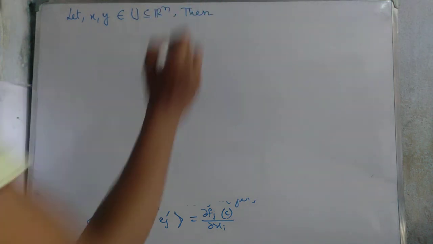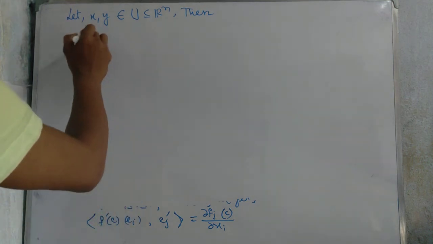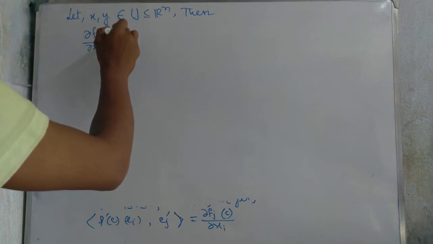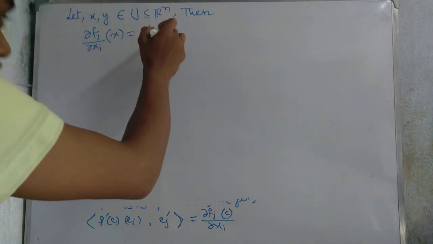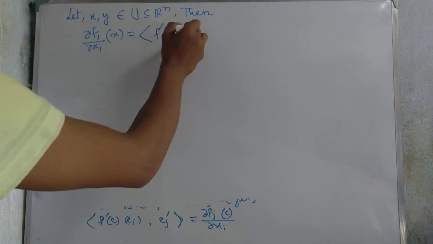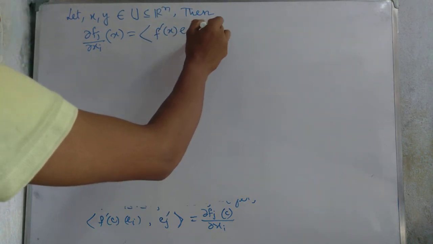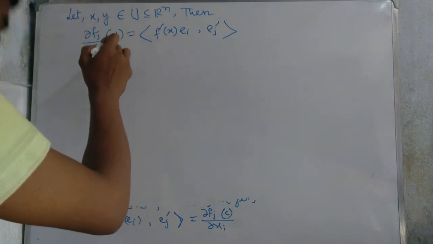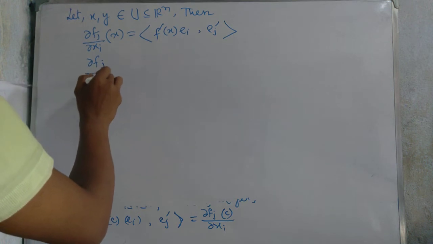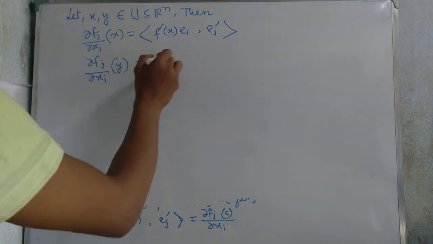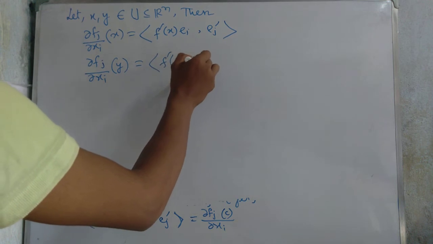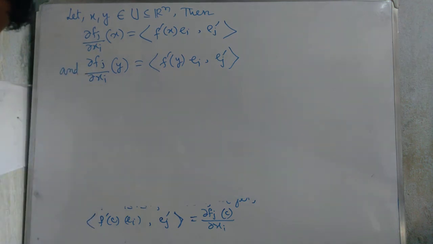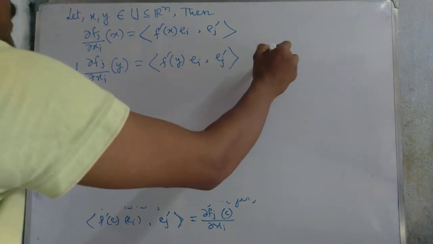Then ∂fj/∂xi of x equals the inner product of f'(x)ei with ej', and ∂fj/∂xi of y equals the inner product of f'(y)ei with ej', for all i, j.